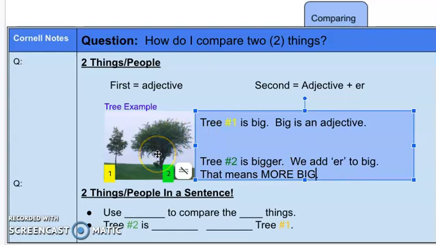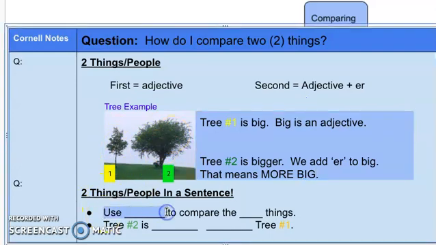If we're going to write a sentence about tree number 1 and tree number 2, we need to use the word than, T-H-A-N.